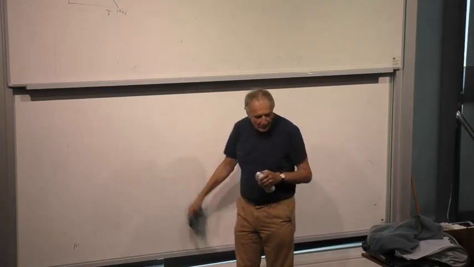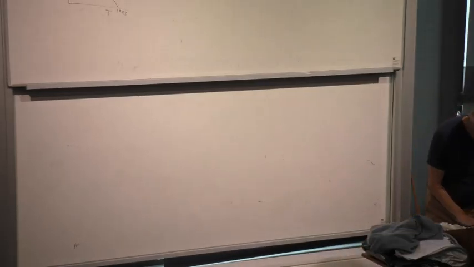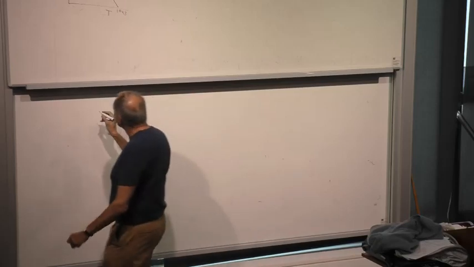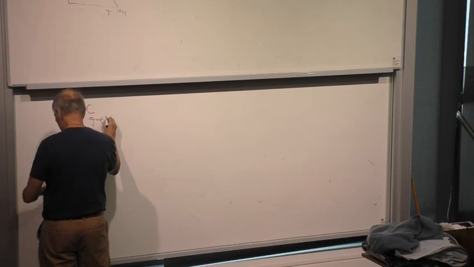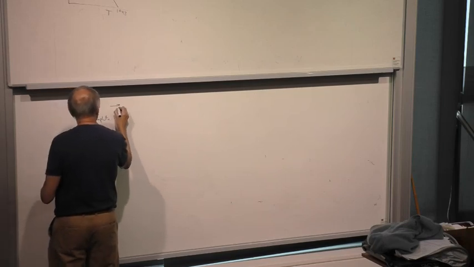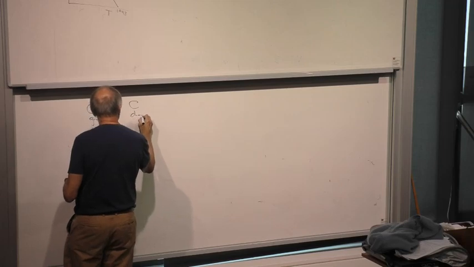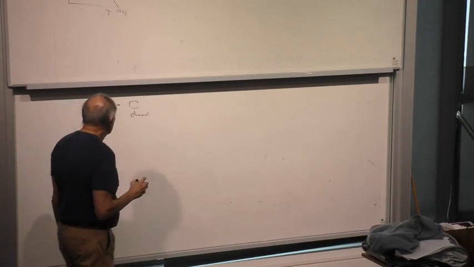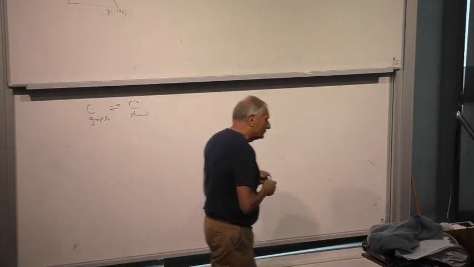Okay, let's suppose we're interested in the reaction graphite goes to diamond. So the reaction, a nice simple reaction, is carbon in graphite goes to carbon in diamond. Actually, I'm going to write it the other way around.